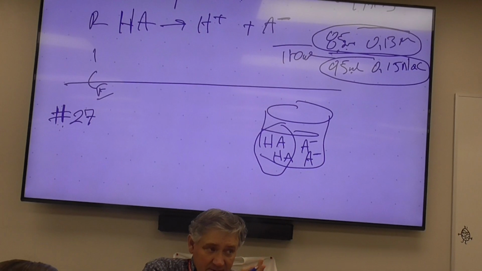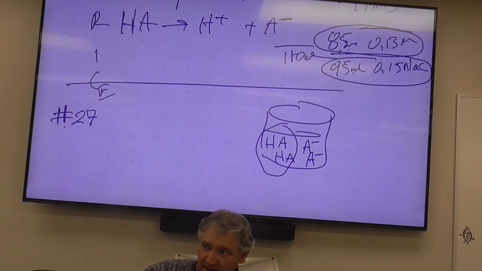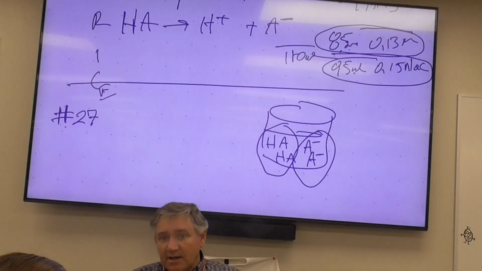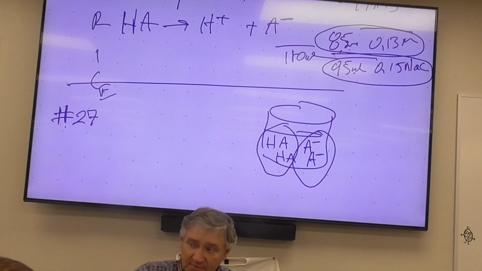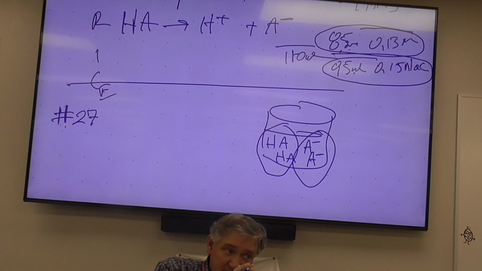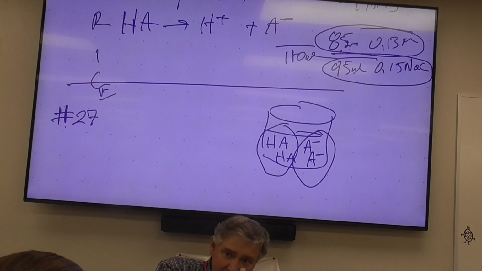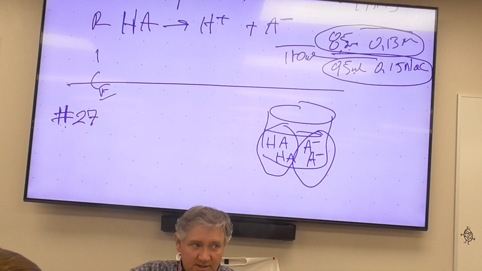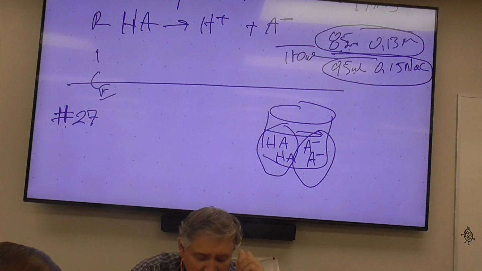If it was a straight strong acid, like hydrochloric acid or nitric acid, you just have the anions there, and the hydronium ions. But this is the whole point of a buffered solution: it's a weak acid and the anion that goes with it, okay? So you have both of those present.